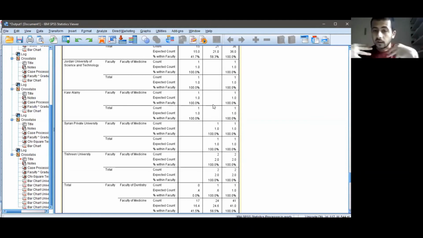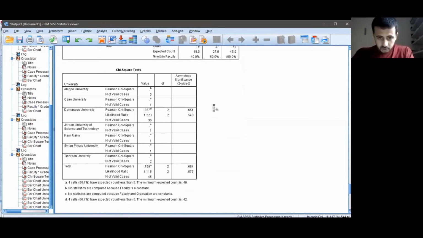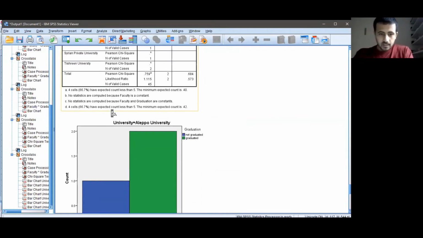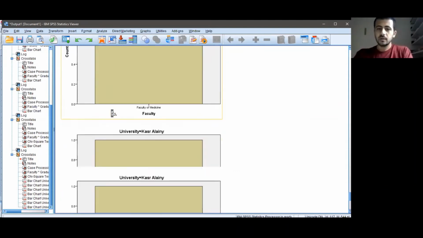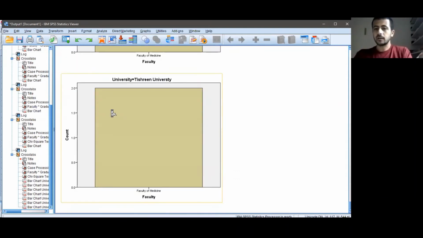Okay, if I want to do a chi-square test on that table, I think we didn't check. Yeah, you can see the chi-square in here. It's a disaster. Why? Because for other universities, we do not have that comparison. We have just the comparison for Damascus University. I don't want to look at such a thing, such figures where nothing is meaningful.